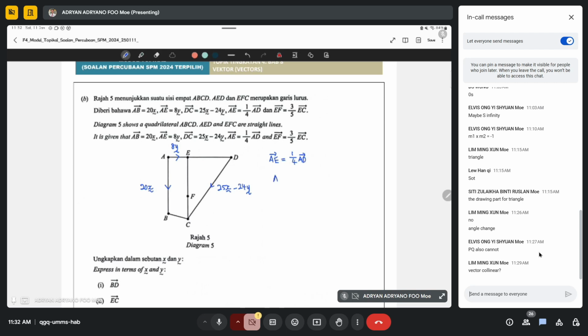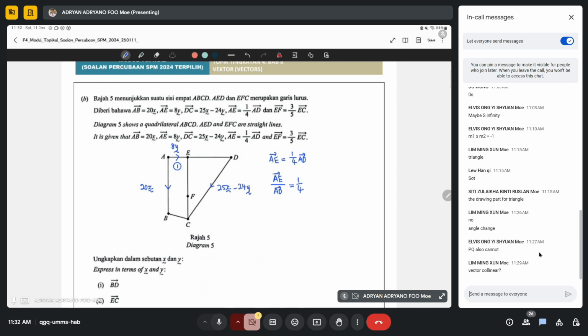Basically 我可以把 AD 搬过来，等于 4AE. So basically means that AE stand 1 part. Okay, AD stand 4 part. So 请问 if AE stand 1 part, AD stand 4 part, 请问 E 去 D stand 几个 part? Answer. A to D is 4, A to E is 1.